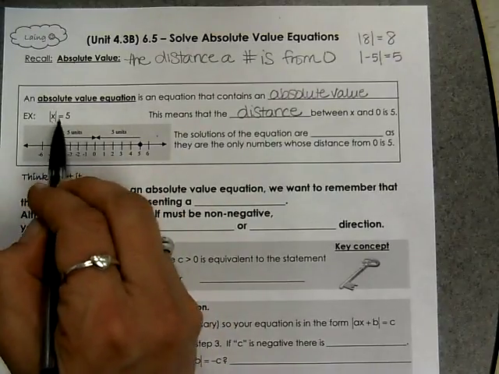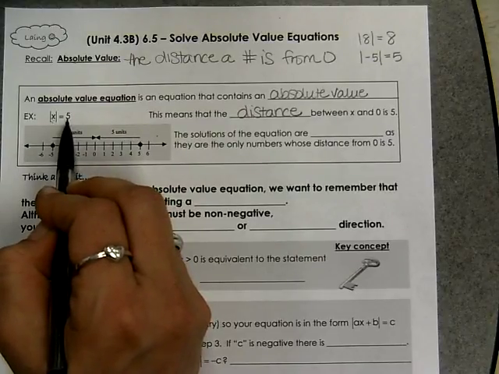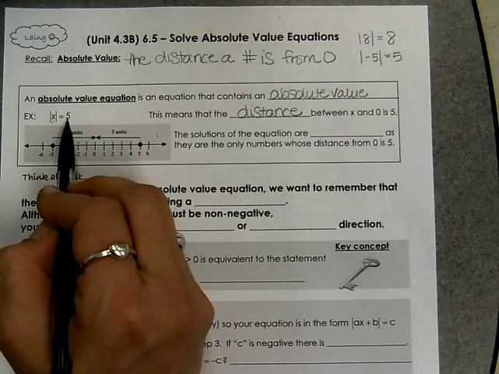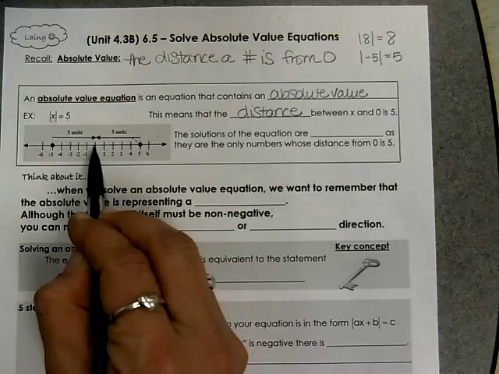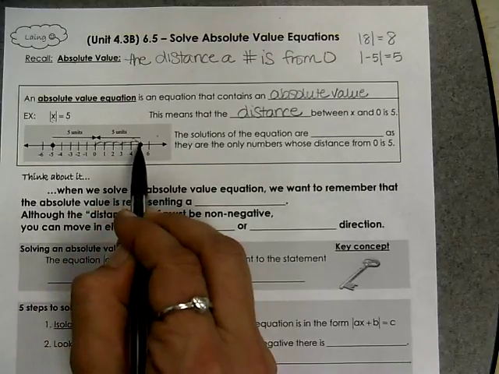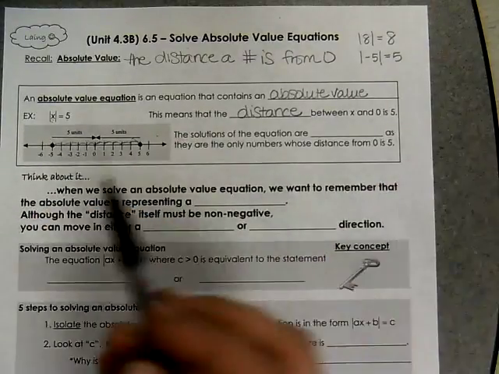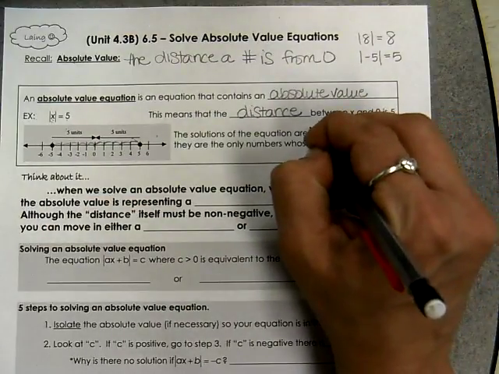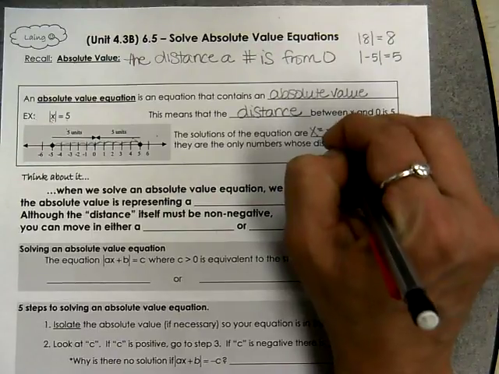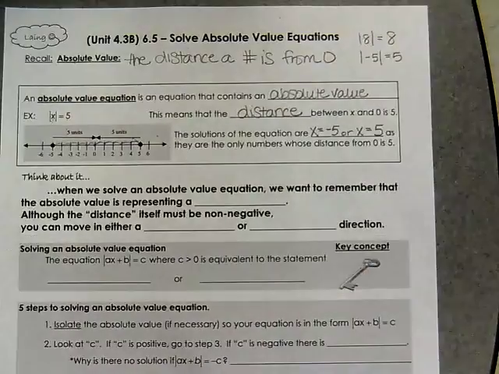And so it's saying, what are some numbers that are 5 units away from 0? When you think about it on the number line, 5 is 5 units away from 0. 1, 2, 3, 4, 5. And -5. 1, 2, 3, 4, 5 is also 5 units away. So that means that the solutions of that equation are x equals -5 or x equals 5.